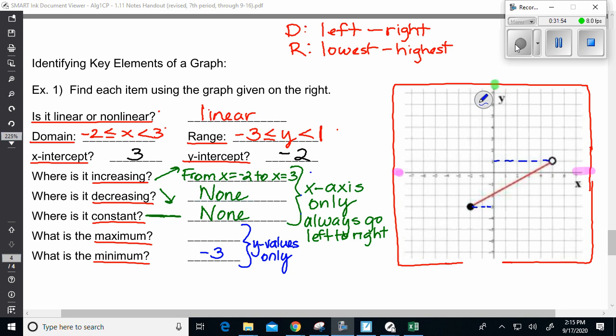So that means 1 is the maximum. That's it. Problem's over. We've done all 10 parts. So, any questions on example number 1?